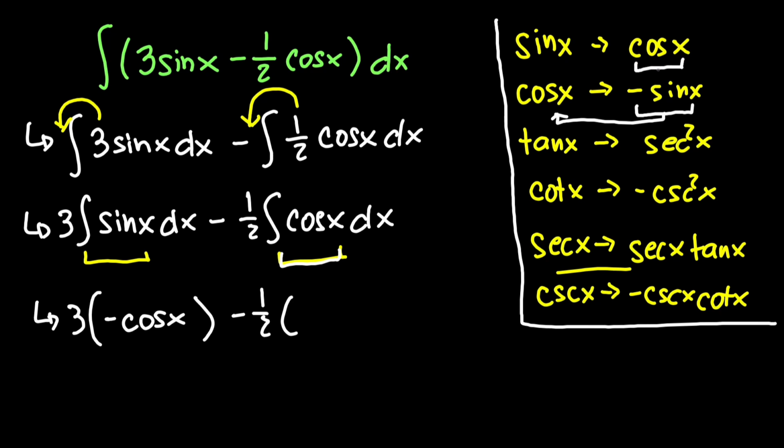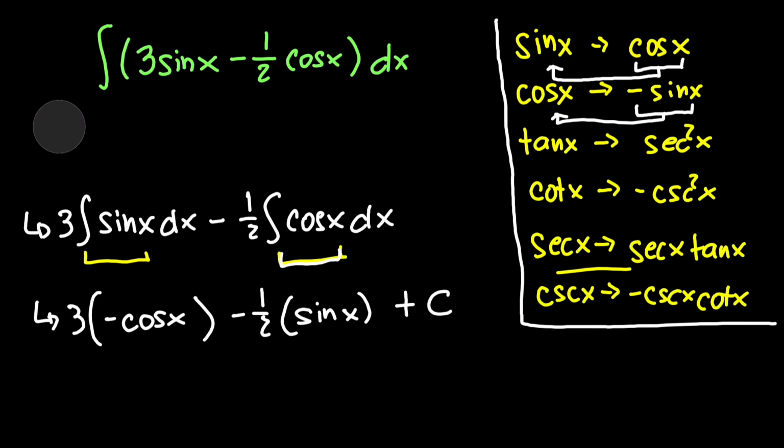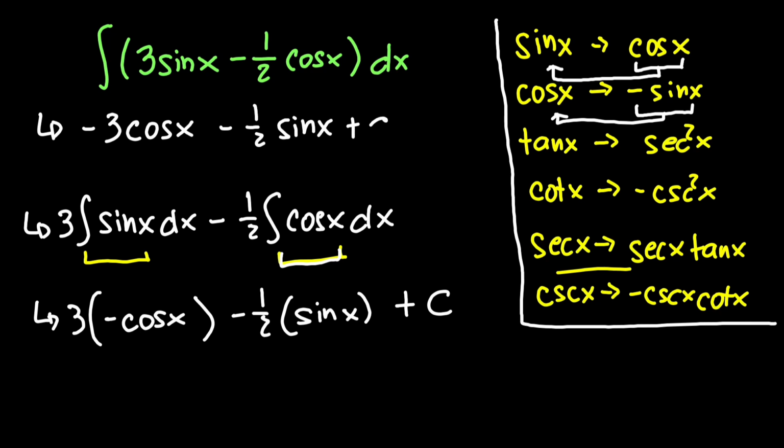The integral of cosine of x would be equal to sine of x plus c. So simplifying this, our final answer right here would be equal to negative 3 cosine of x minus 1/2 sine of x plus c.